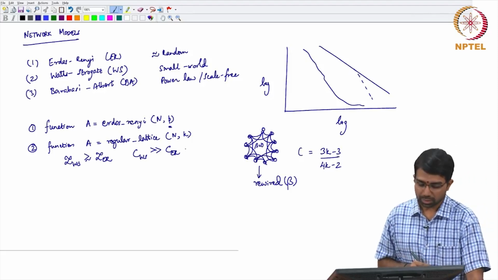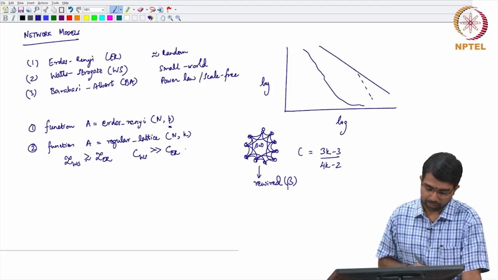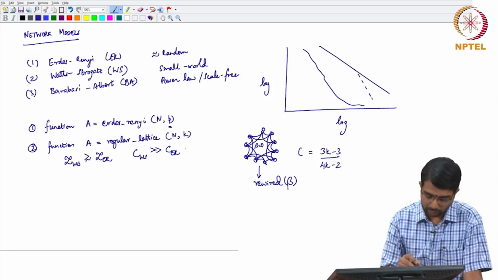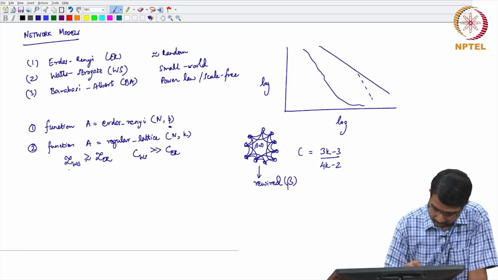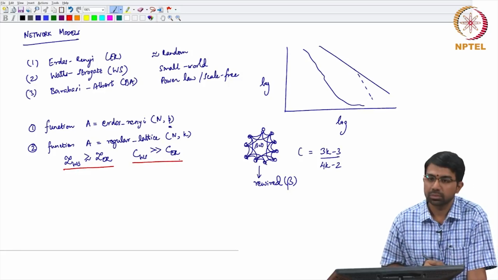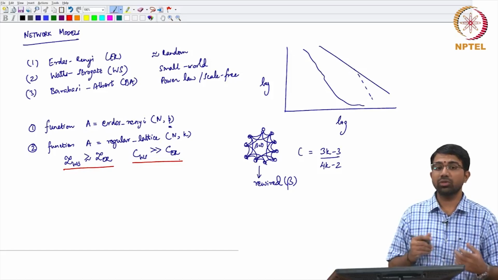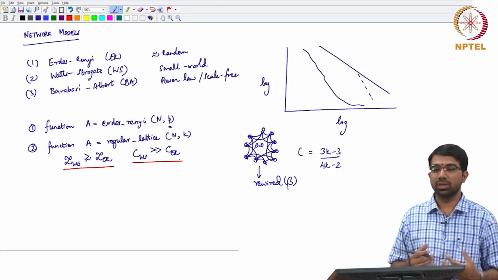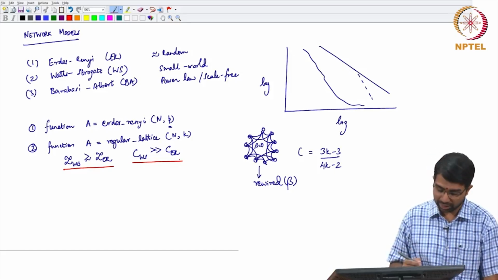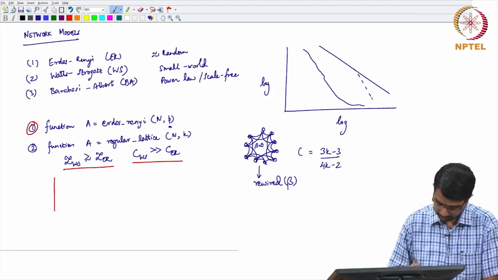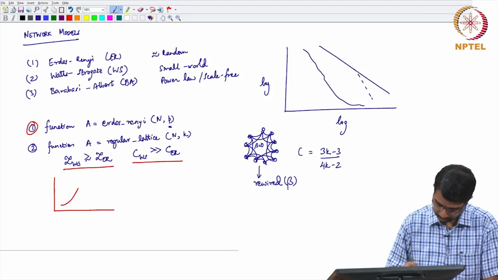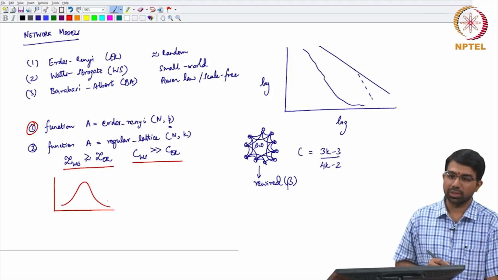And how would you ascertain these? You have to create multiple networks. You create multiple ER networks using say this function, and you will get a plot.